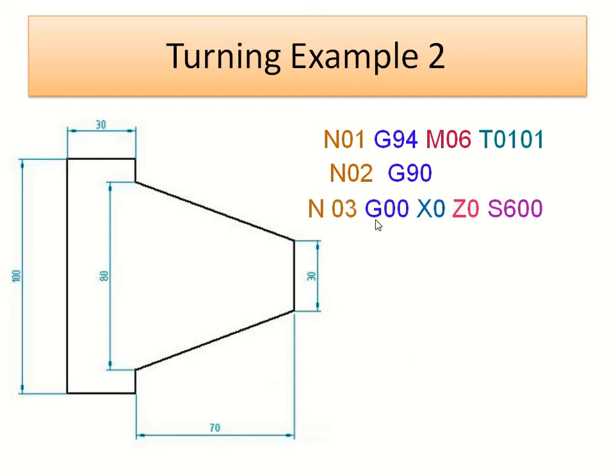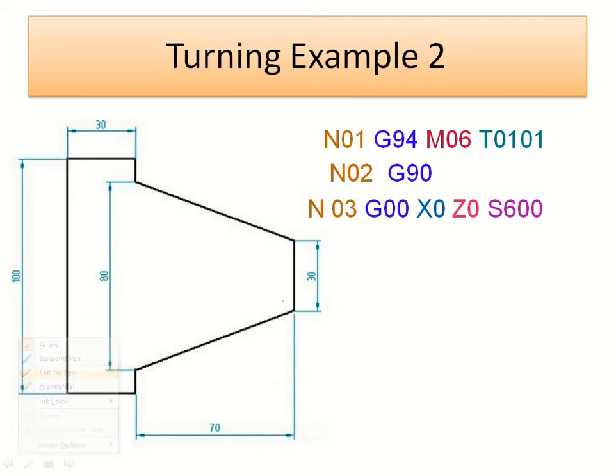Third block, N03, represents the block number, and G00 is the rapid traverse, with X0 and Z0. X0 Z0 means the exact position.